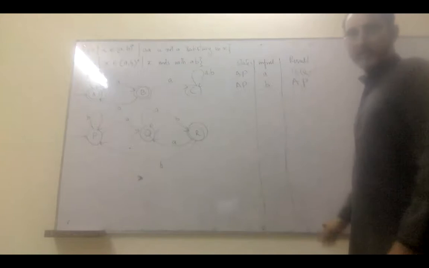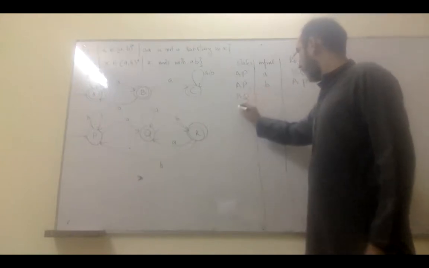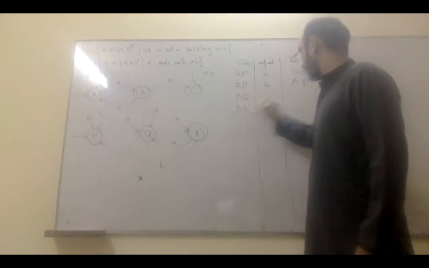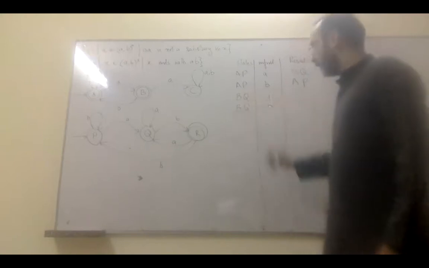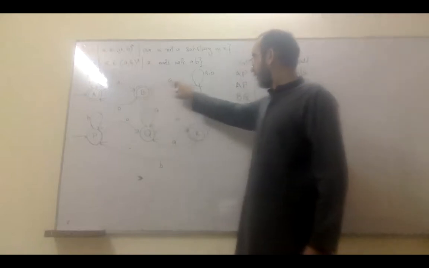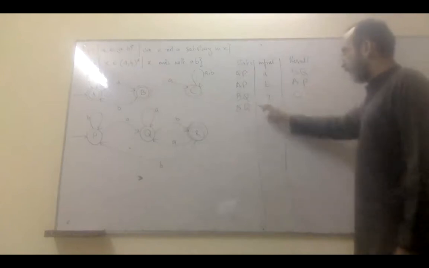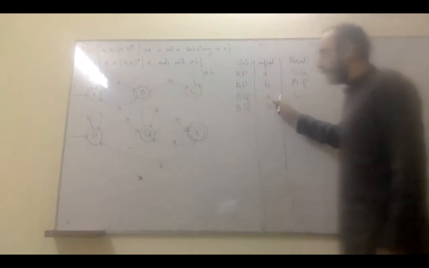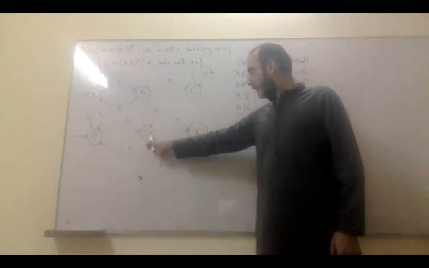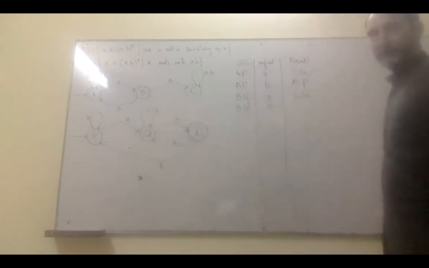Now I am going to consider BQ, with two inputs. At B, taking a, I reach C, so you can write C here. At Q, taking a, I reach Q, so you can write Q here.